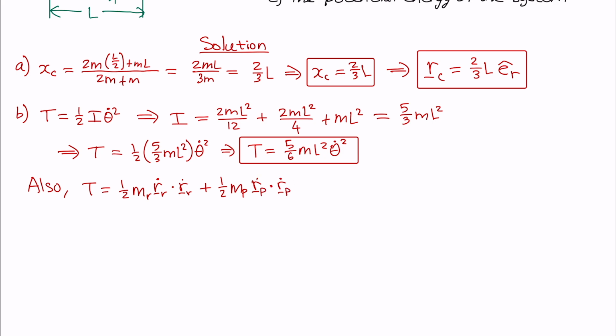Since it's a point mass, it has no moment of inertia that we care about. So then plus 1/2 I_C for that rod, theta dot squared.